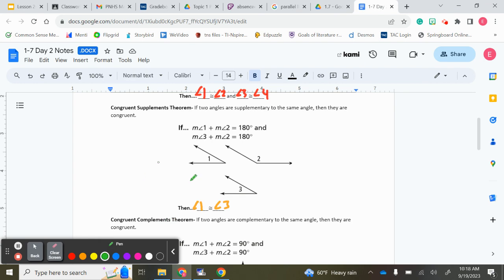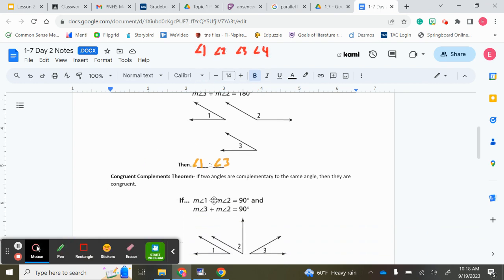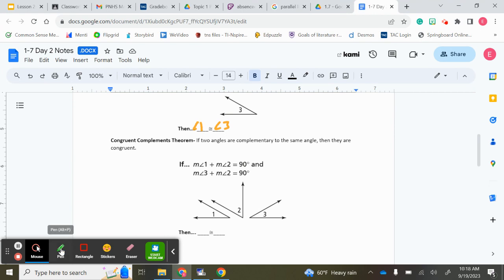If we went down to the next one, we have the congruent complements theorem, which is essentially the same thing, just you're dealing with 90-degree angles instead, complementary angles. So in this case, again, if the measure of angle 1 plus the measure of angle 2 is equal to 90 and the measure of angle 3 plus the measure of angle 2 is equal to 90, then that means angle 1 is congruent to angle 2.